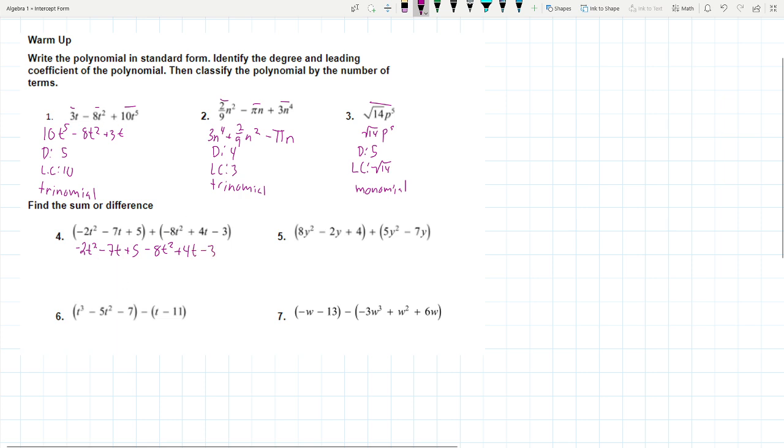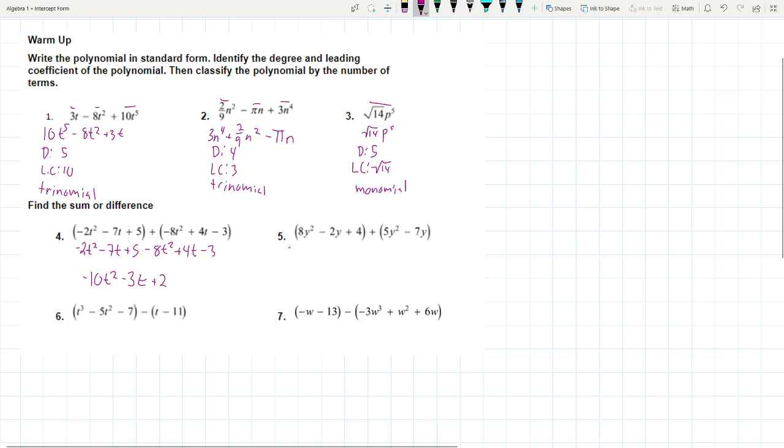Going to combine like terms, so negative 2t squared and negative 8t squared becomes negative 10t squared. Negative 7t plus 4t is negative 3t. 5 plus negative 3 is positive 2.